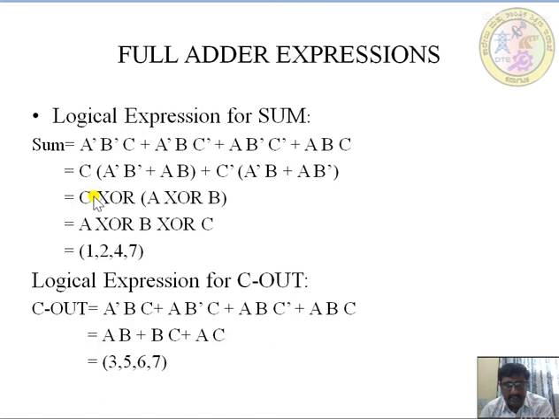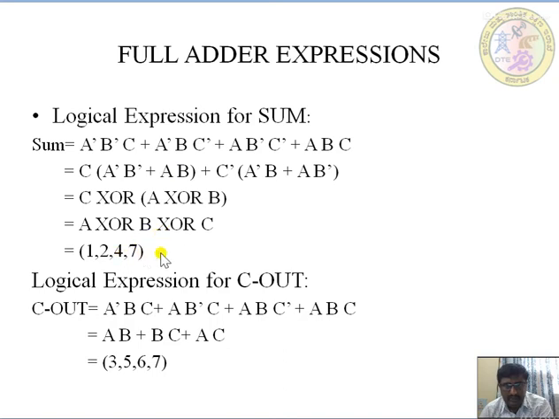Directly they have written it as C XOR A XOR B, so directly I will be writing it as A XOR B XOR C. Or else we can write it in this fashion also: A bar B plus A B bar is equal to A XOR B, that is C times (A XOR B) bar plus C bar times (A XOR B). After reducing it, we will get it.